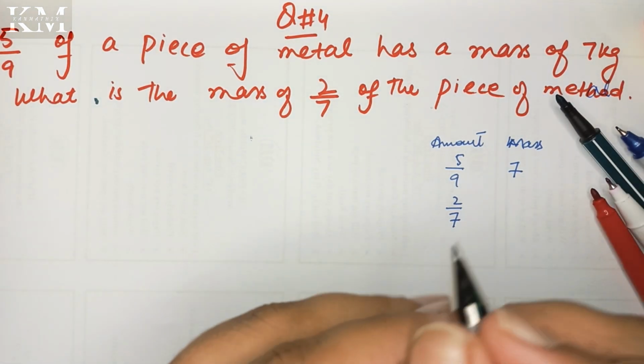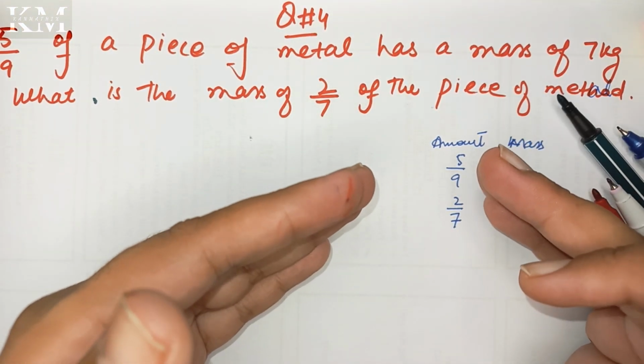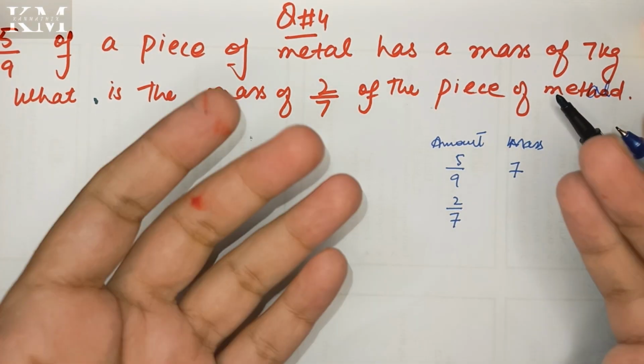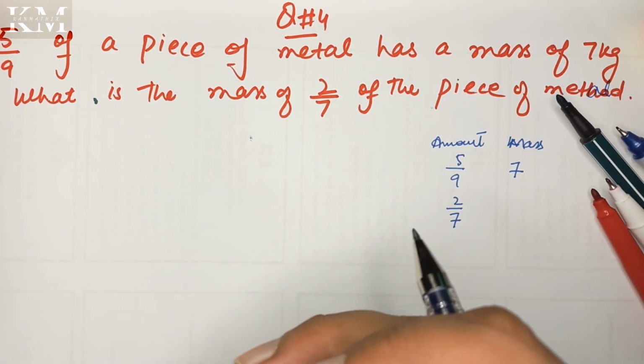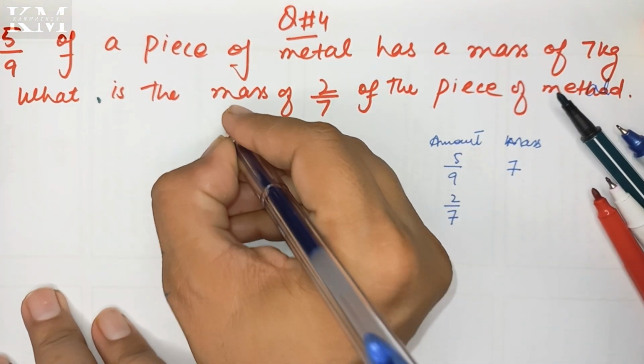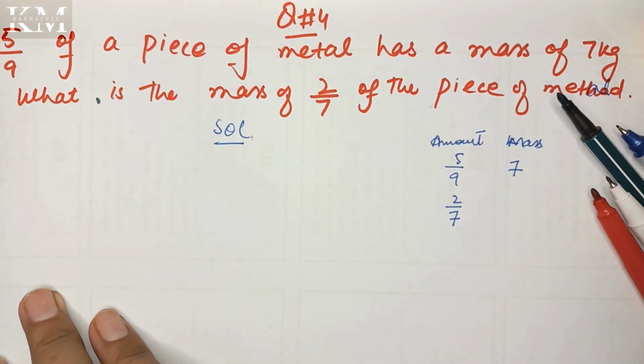So what will be the mass? Now the quantity of the metal is less, so obviously the mass would be less. It means we have a direct proportion here. So we will do it by the unitary method.